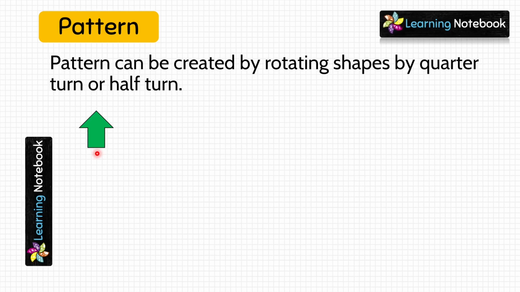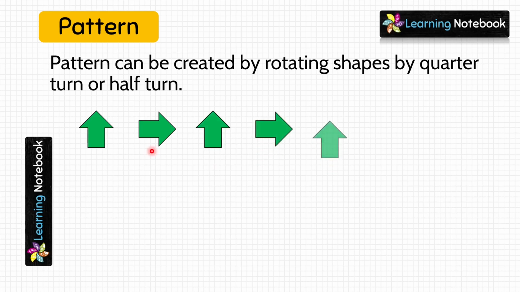Let's move this arrow by quarter turn, means let's move this by 90 degrees. So the arrow will look like this. Now if we repeat these two shapes, then we can create a pattern using quarter turn as shown here. Right, students?